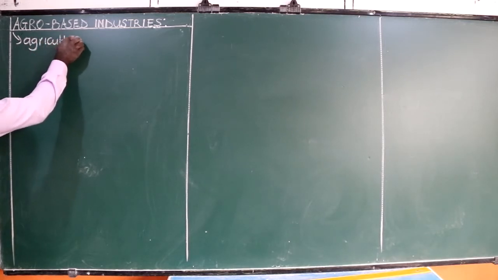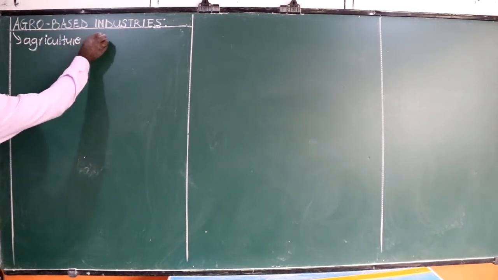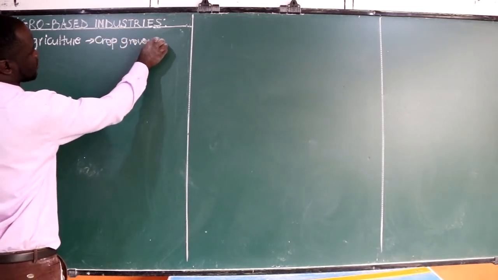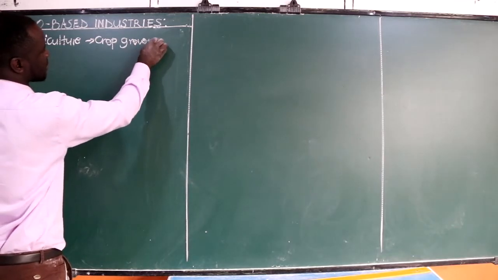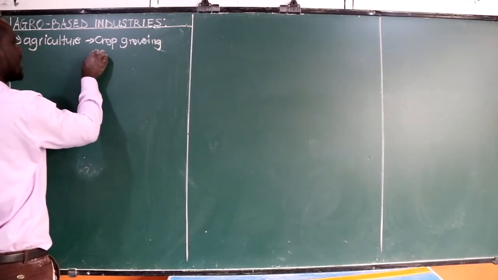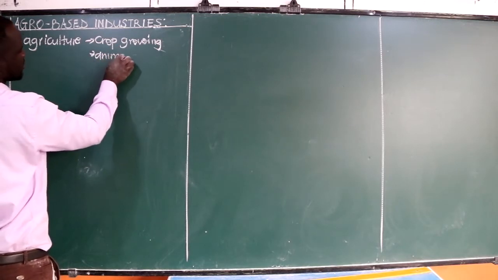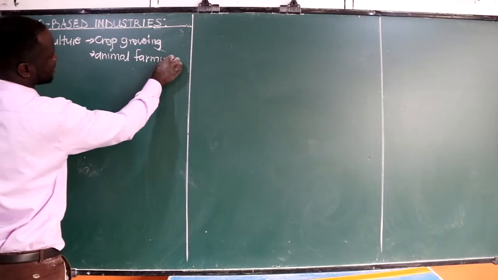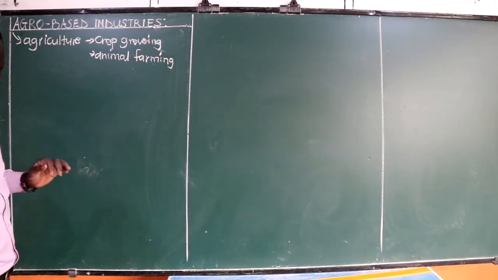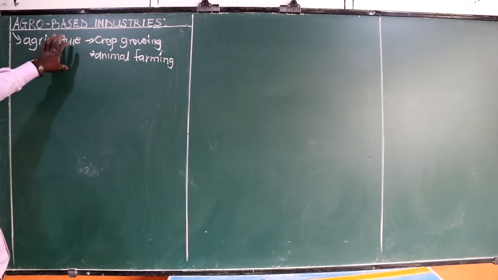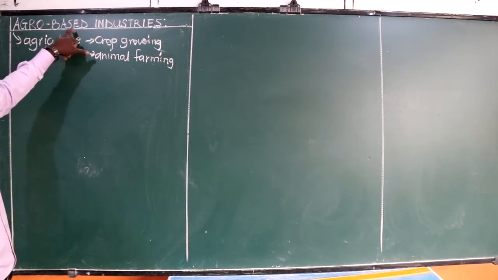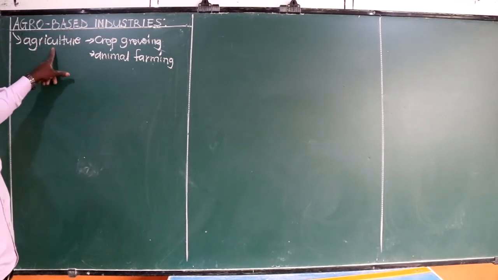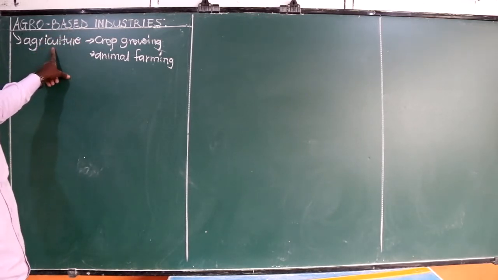With agriculture, we look at crop growing, and then animal rearing, or we can call it animal farming. So, these are the two things that we need to know. Therefore, agro-based means this industry is based on what? On these agricultural materials or agricultural products.